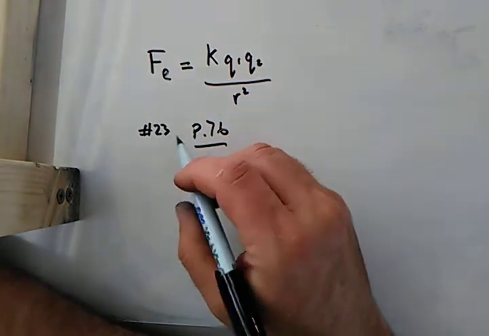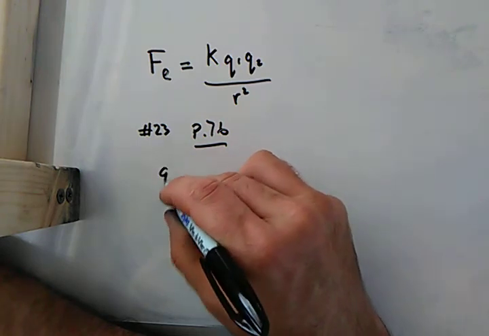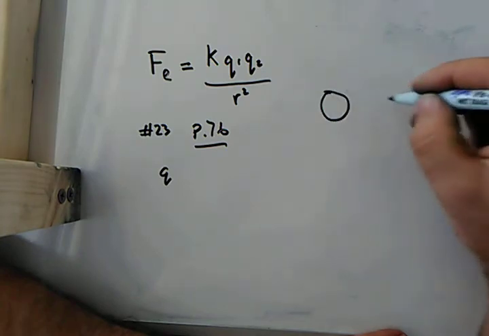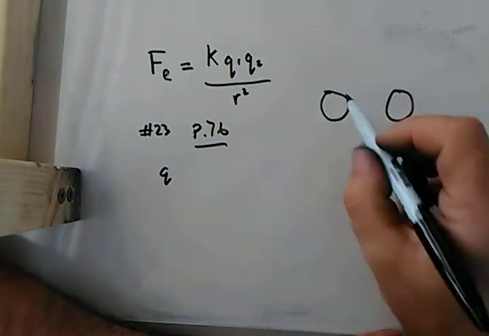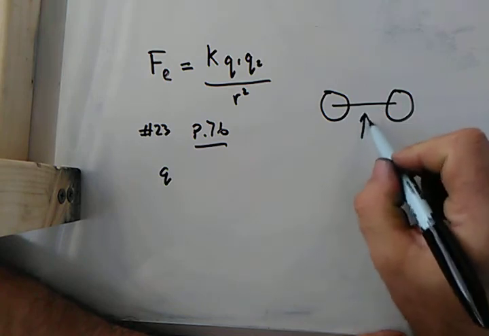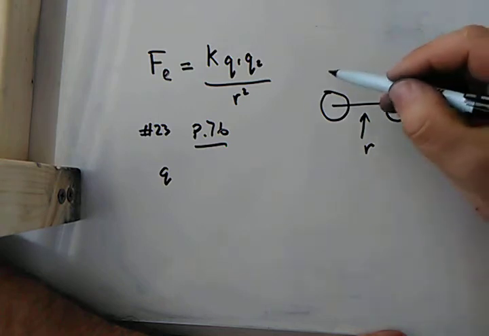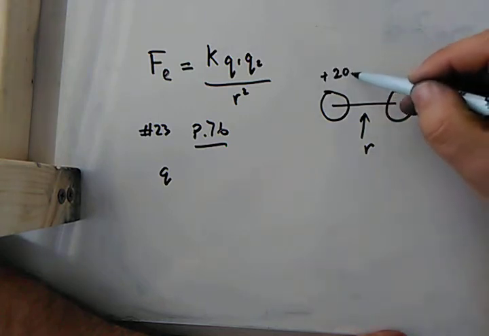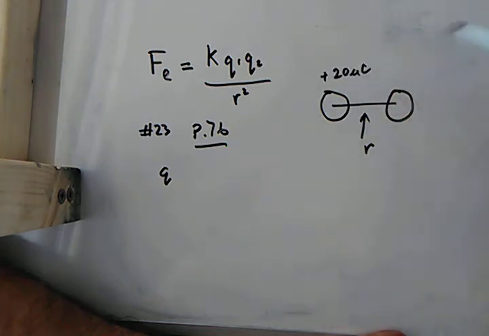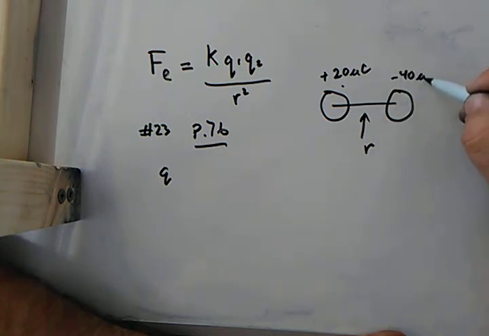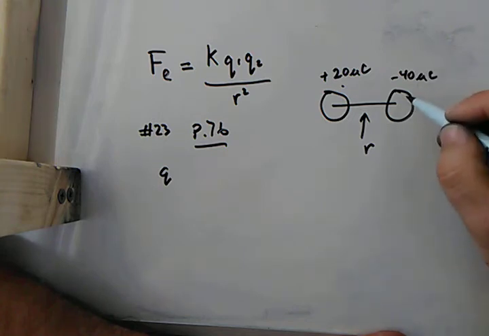So it says that you've got a couple of charges here. Here's a picture of it. This here is the radius between the two charged objects. And it's saying that there's a positive 20 micro-Coulomb charged object at this point, and then another one that's a negative 40 micro-Coulomb charge here.